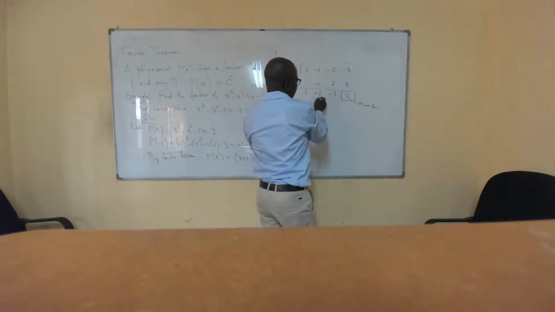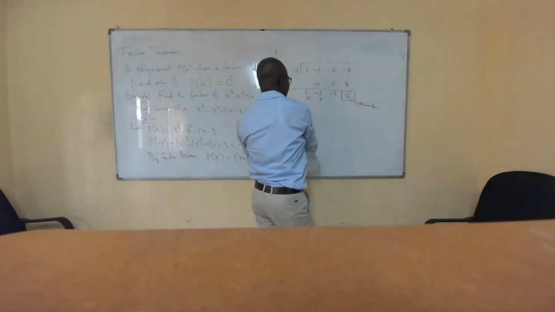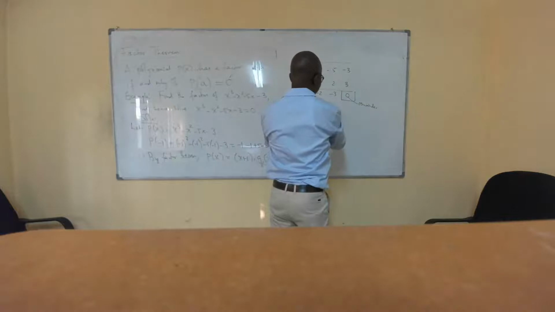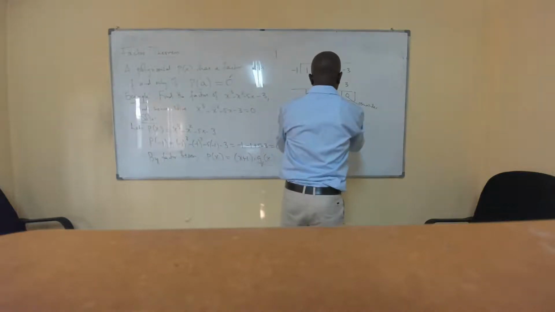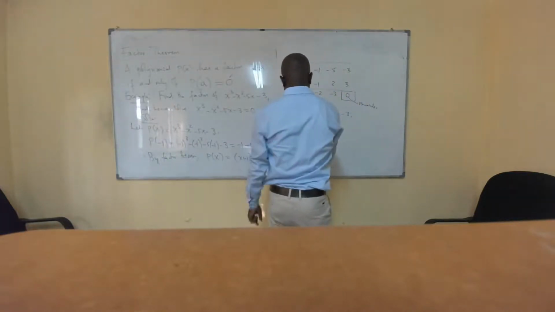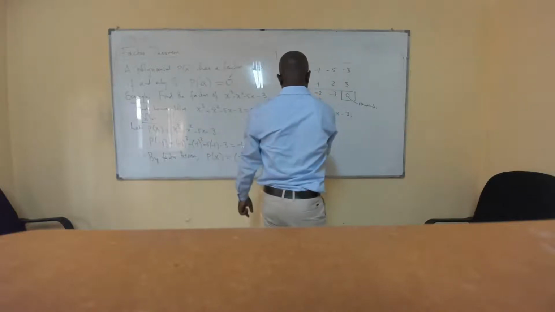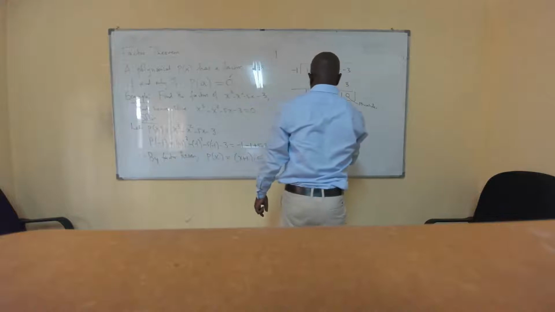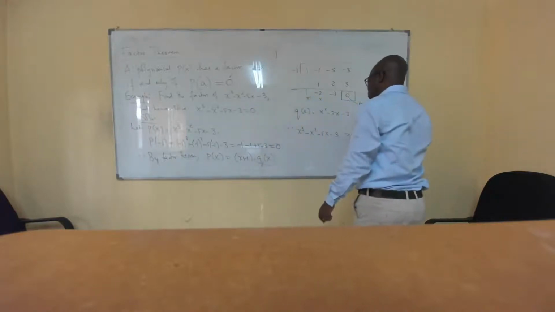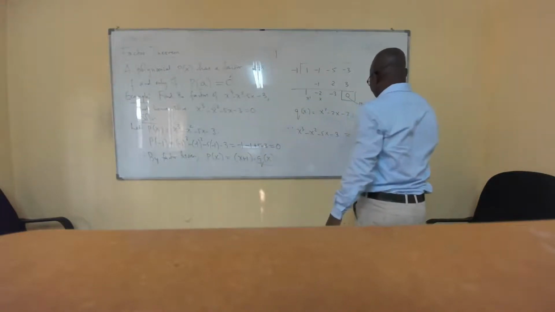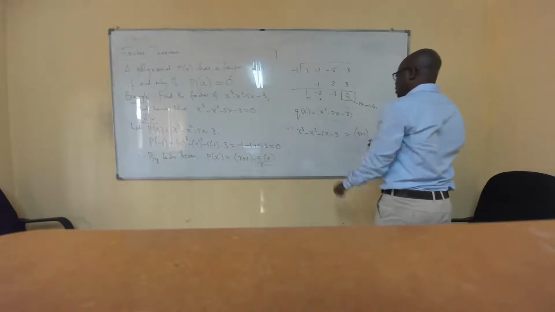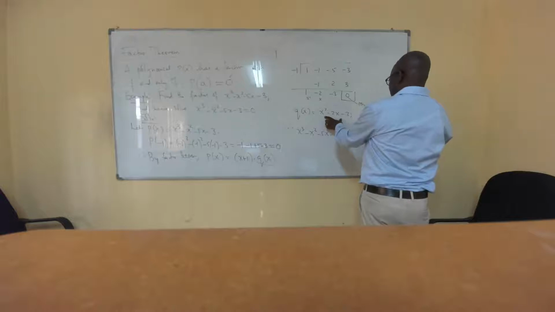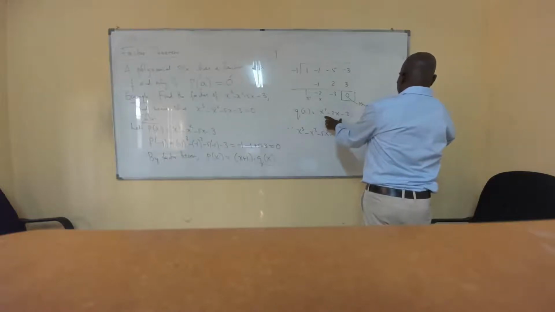And this is the quotient. So the q of x here, which is the quotient, is x squared minus 2x minus 3. Therefore, the given x to the power 3 minus x squared minus 5x minus 3, because x plus 1 is a factor, we can write as x plus 1 times the quotient, x squared minus 2x minus 3.